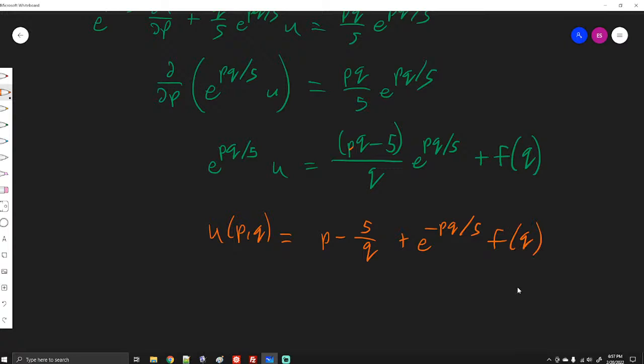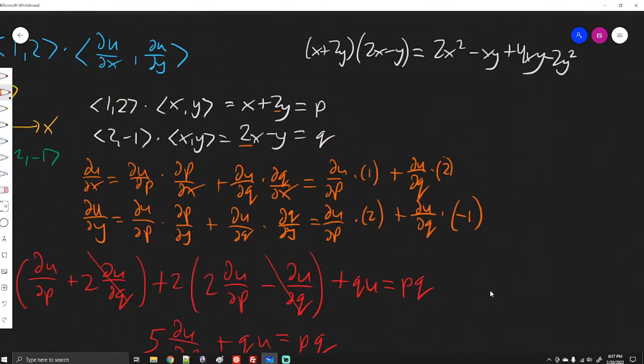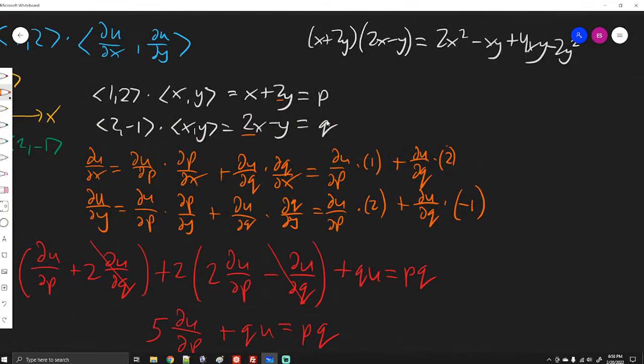Now that I know what u is, I'm going to change back to the original variables, x and y. So what was p again? p is x plus 2y, and q is 2x minus y.